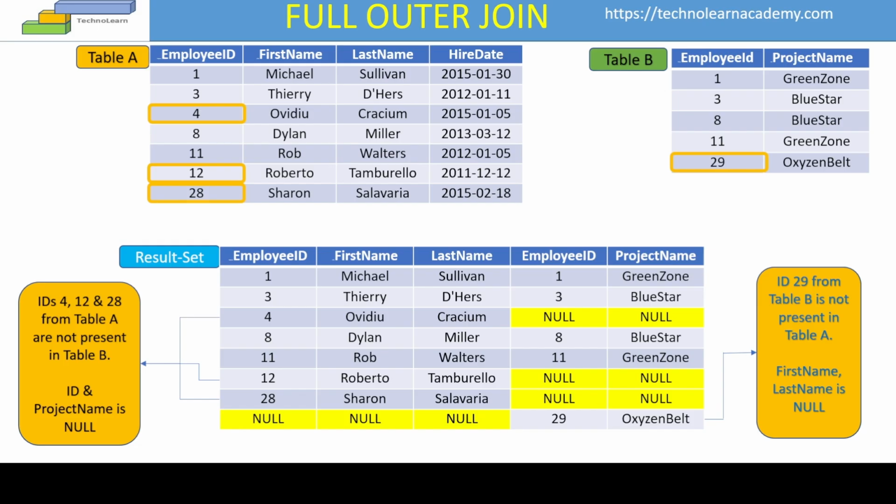For example, 4, 12 and 28 were present in the left table but not present in the right table, that's why we have null in project name. But because 29 is present in the right table but not present in the left table, that's why we have employee ID and project name from the right table, but the rest of the details are null for the left table.